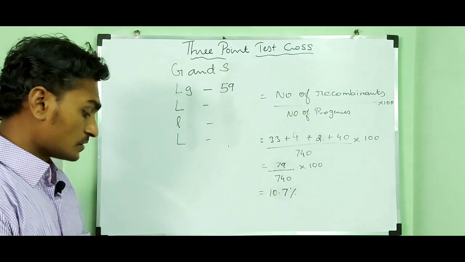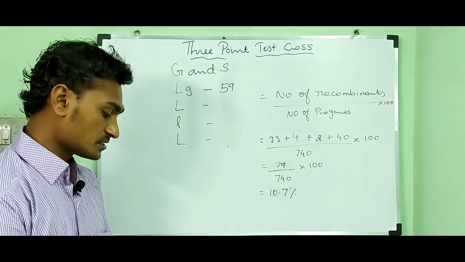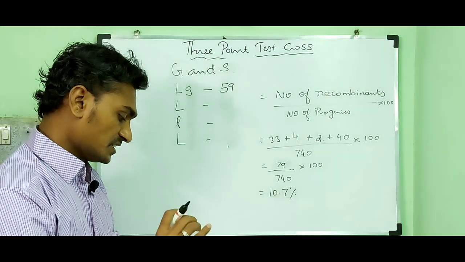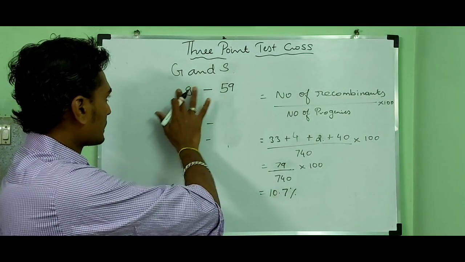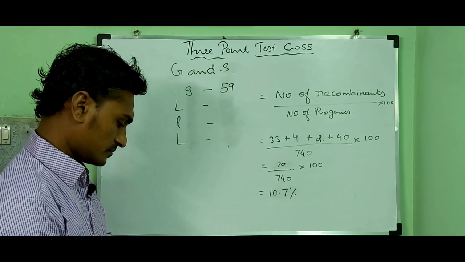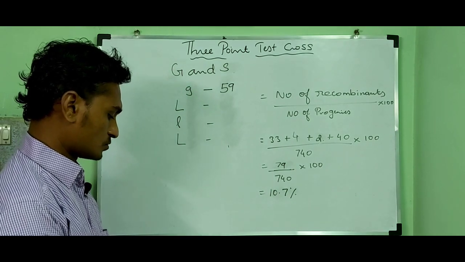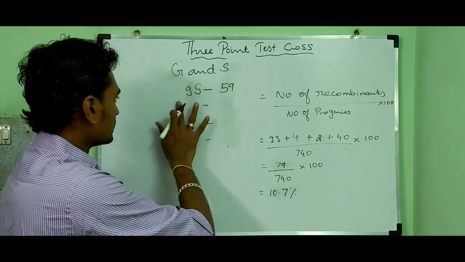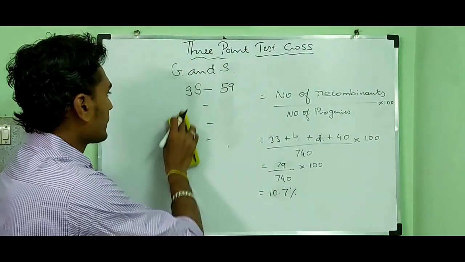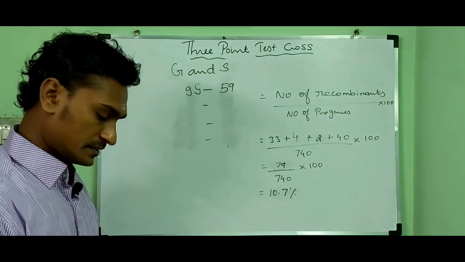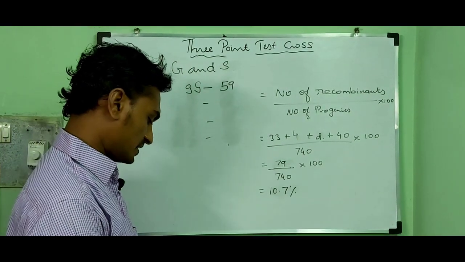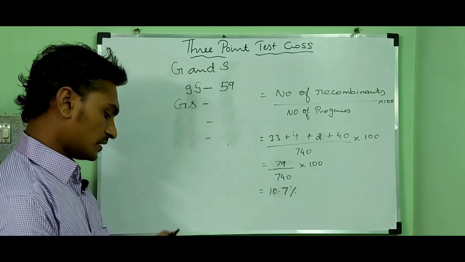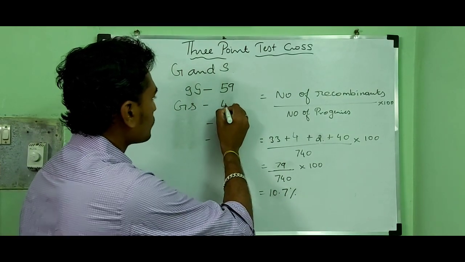Then sugary, the phenotype of the recombinant is sugary, and it shows small g and capital S, and capital G, small s. The recombinant number is 4.